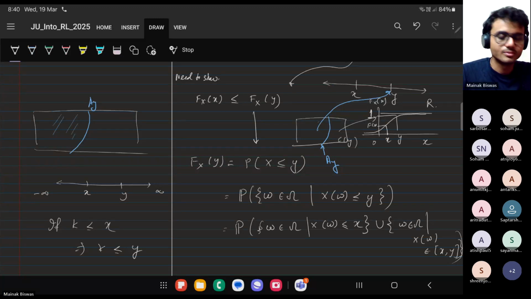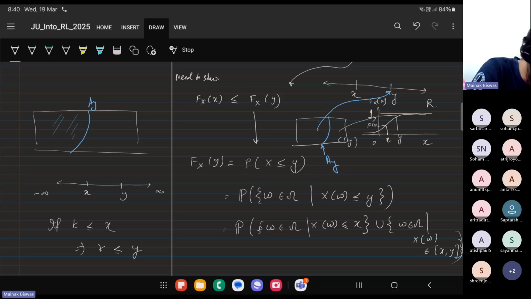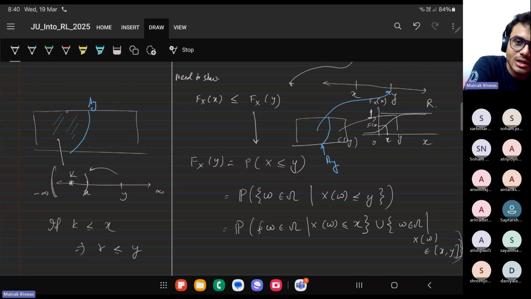Yes or no? Correct? Is it clear? So if a number k is here, that is less than x, that also means it is less than y. That's the idea I'm trying to formulate. So this entire set will be a subset of a of y. Yes or no?